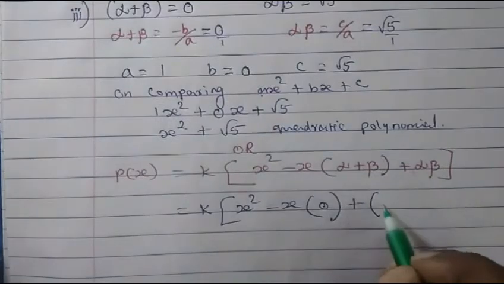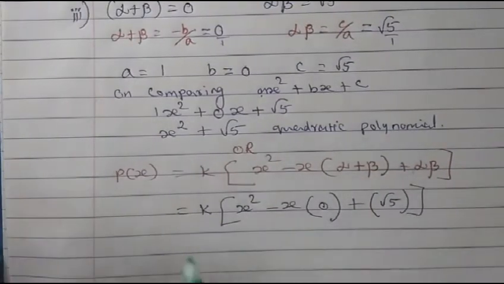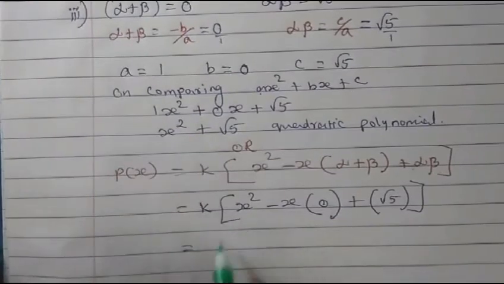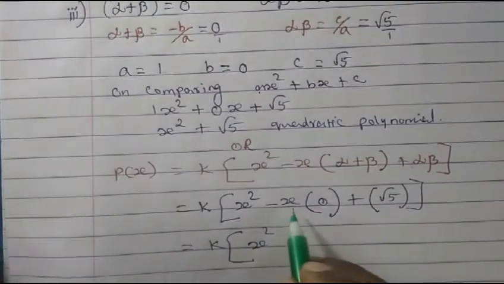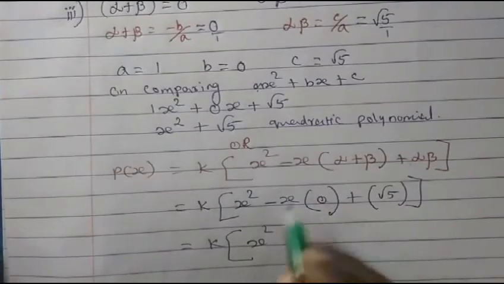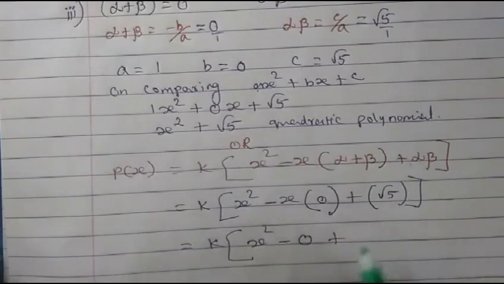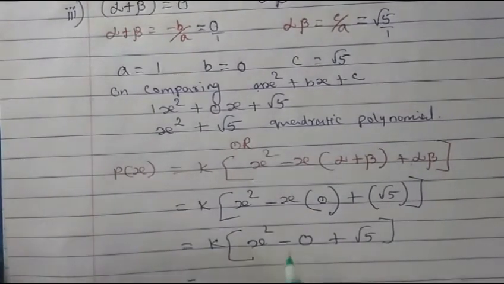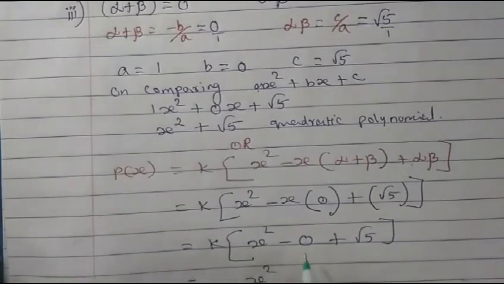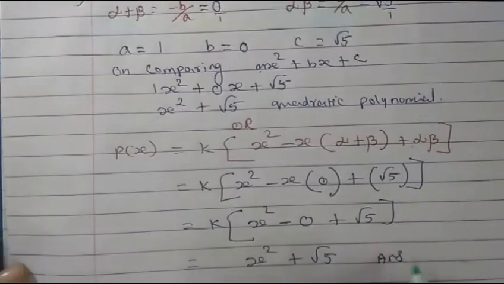So x square, now minus x into 0, the whole thing will become 0 for us. Then plus root 5. So what we will get? x square, 0 will not count, plus root 5. So this is our answer.